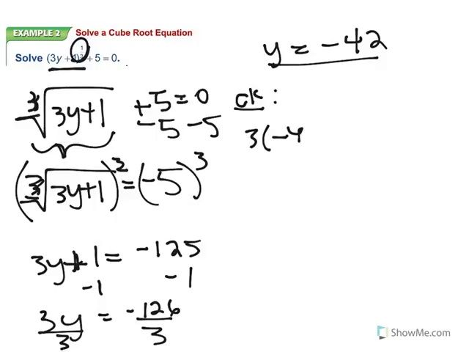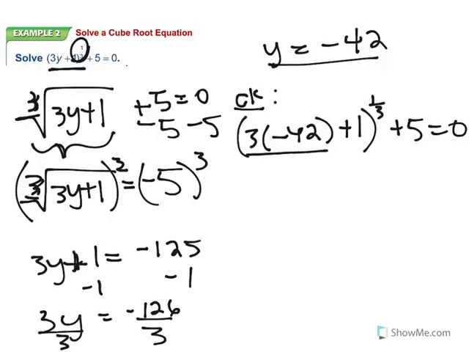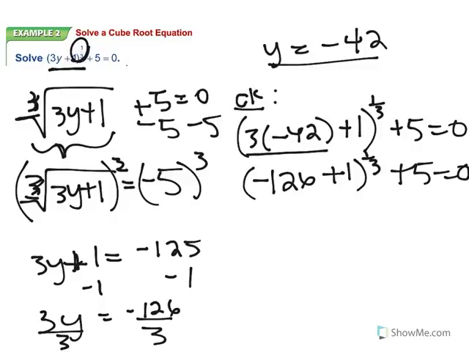We have (3 times negative 42 plus 1) to the 1/3 power plus 5 equals 0. So on the inside here, we have 3 times negative 42. That's going to give us negative 126. We're going to add 1, raise it to the 1/3 power, add 5 equals 0. So negative 126 plus 1 gives us negative 125.